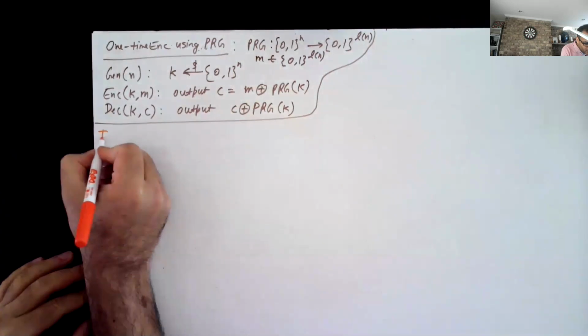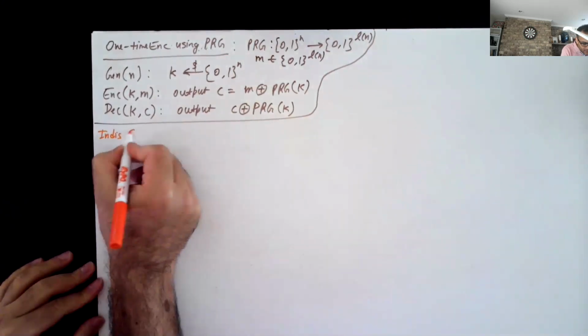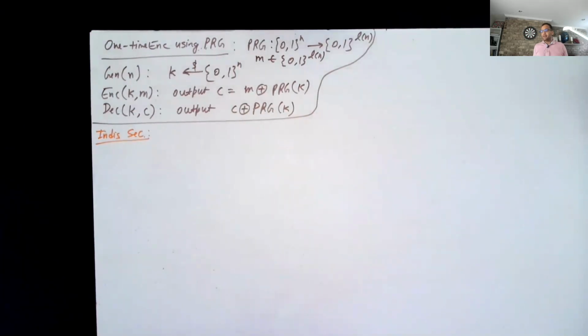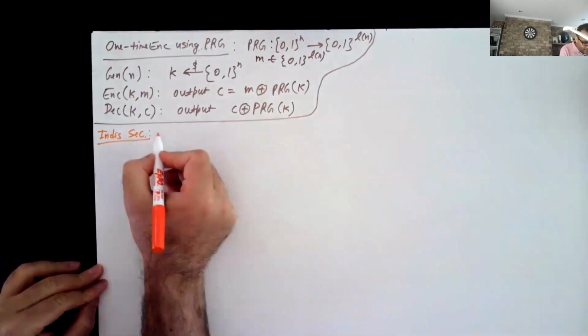Okay, so we'll try to prove indistinguishability security. And to do that, what do we need? We need the following.